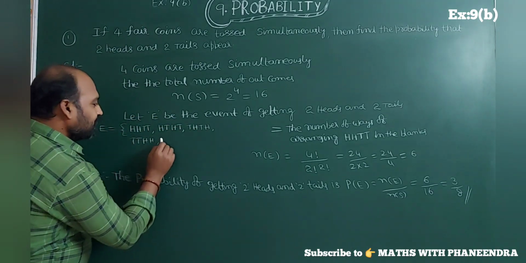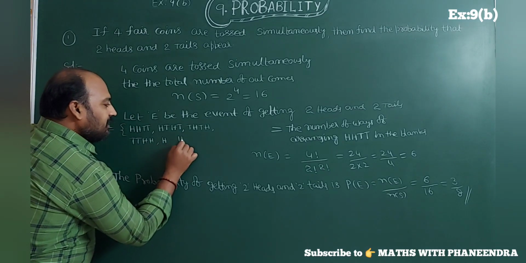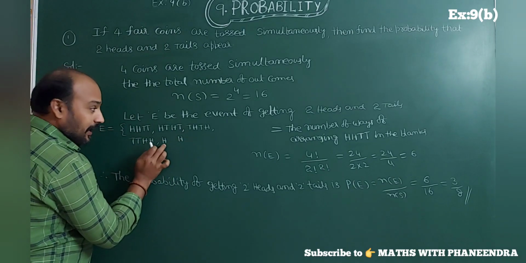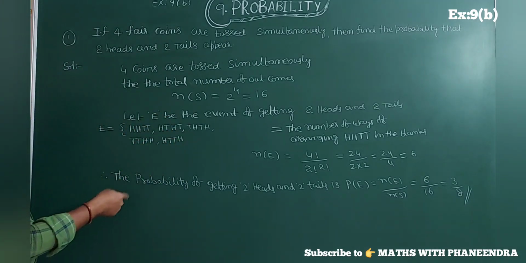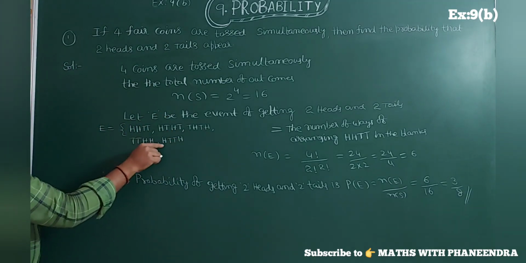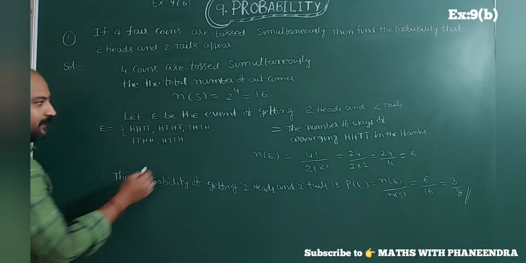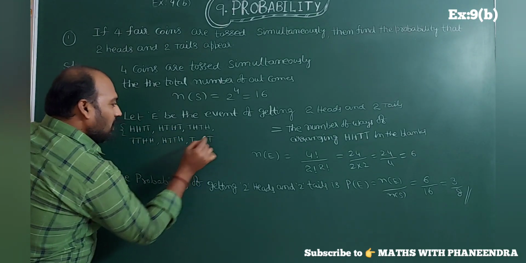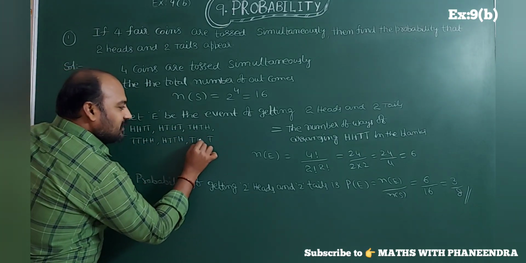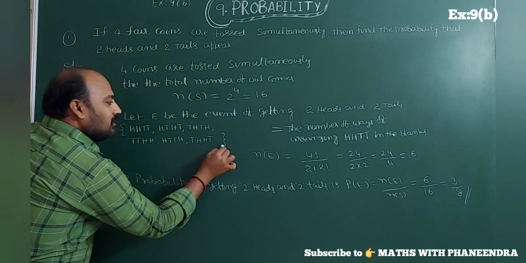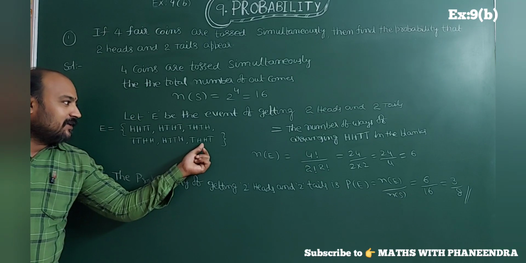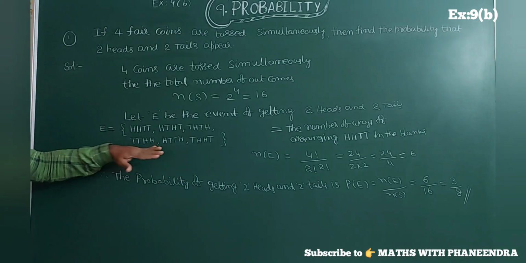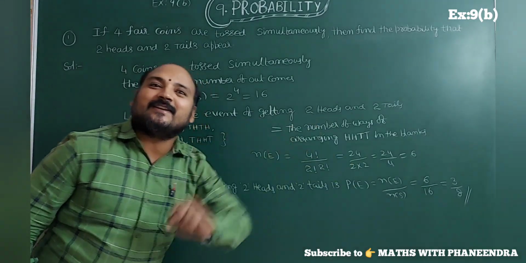Next, H at the beginning and end with TT in the middle: HTTH. Next, T at the beginning and end with HH in the middle: THHT. These are the 6 possibilities we got here, dear students.